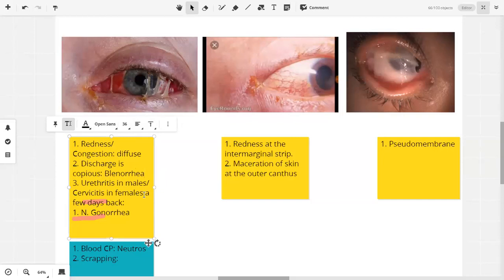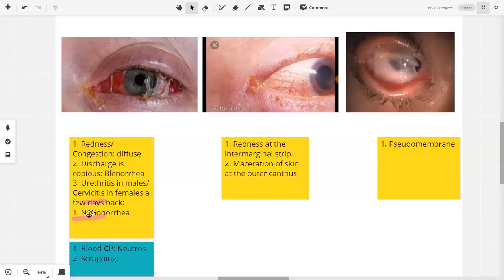Okay? So our first case is an acute blenorrhea or an acute severe bacterial conjunctivitis presenting with a coinciding STI, STD, urethritis in males, a cervicitis in females, and the most likely organism is Neisseria gonorrhea.